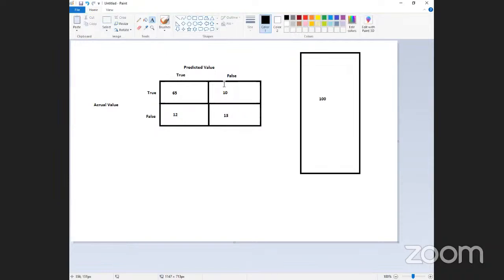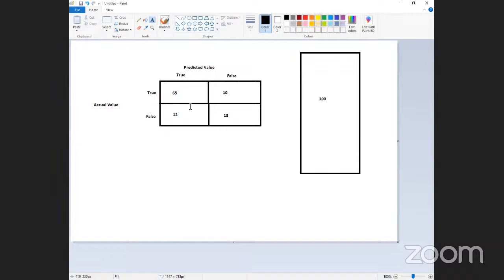So this is what we call a matrix. Whenever we take an algorithm, we do this: the actual value is something, the predicted value is something. The actual value is the value that your data has, which is measured as data. In the data set, each record has an actual value of the output.